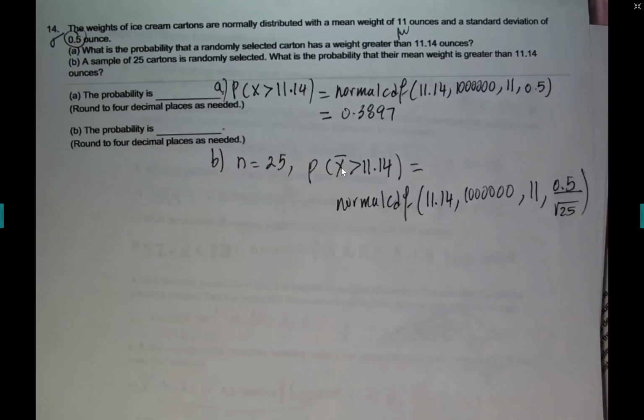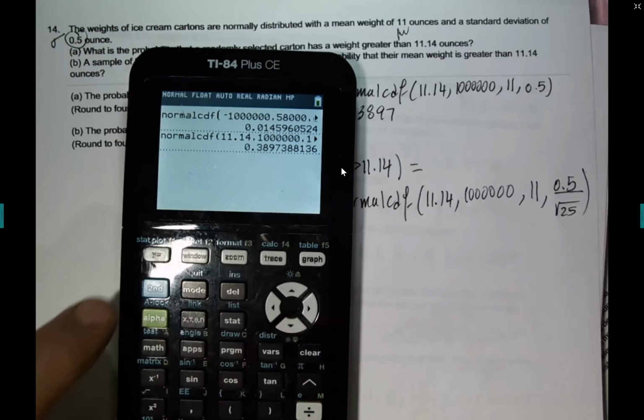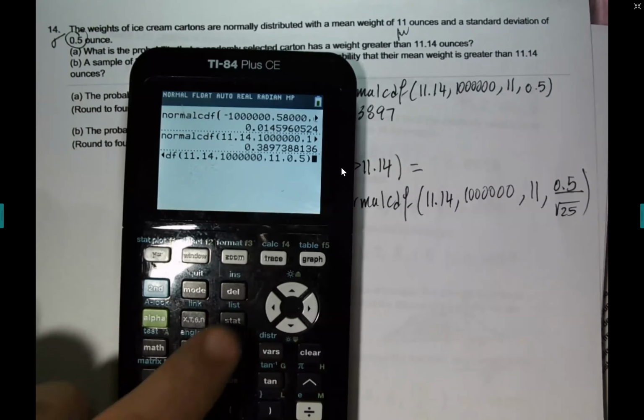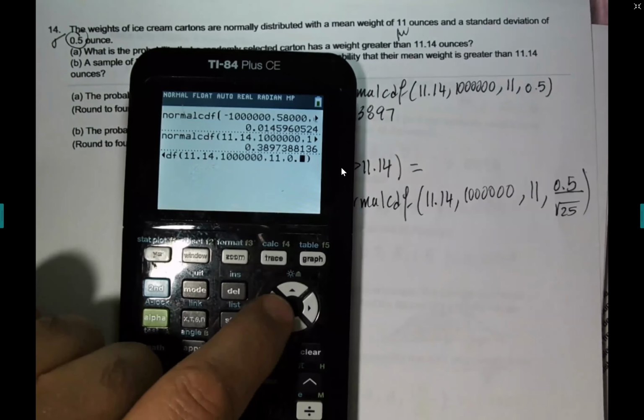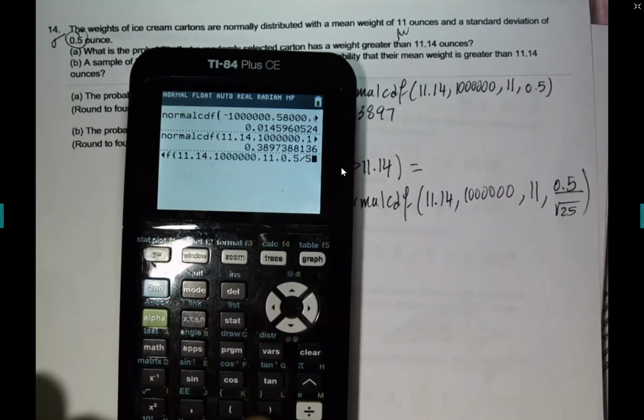And let's see what the answer would be right there. So all I need to change is the 0.5 divided by square root of 25, which is 5. See the difference, guys? And look at the answer. It's 0.0808.